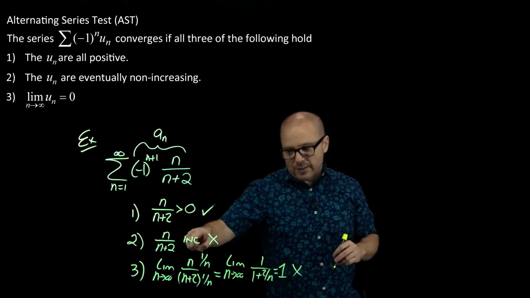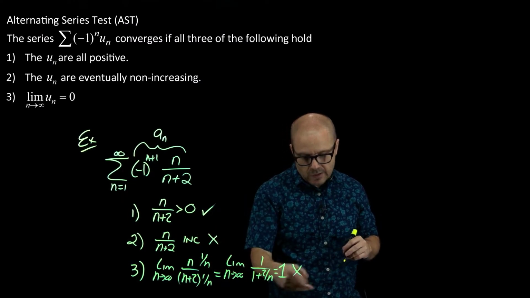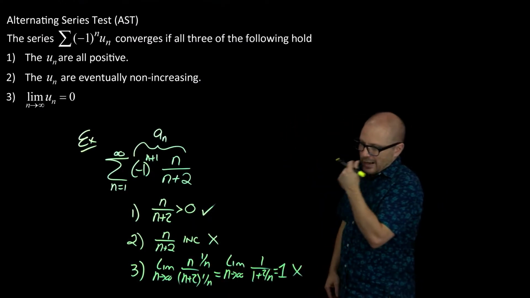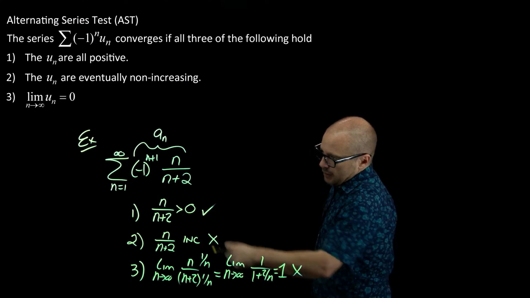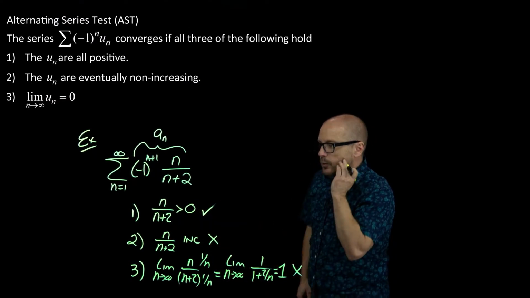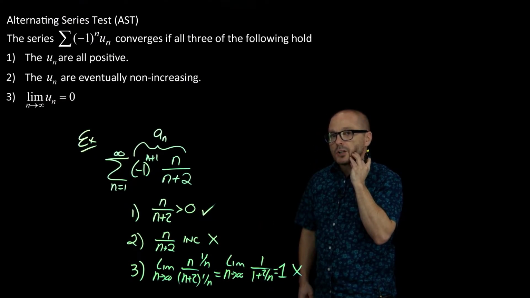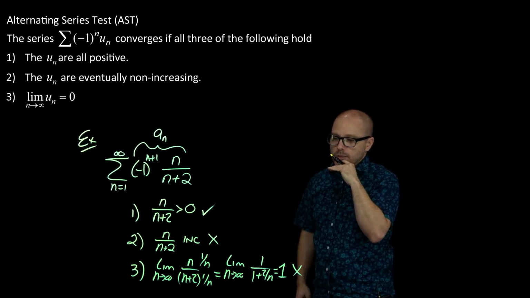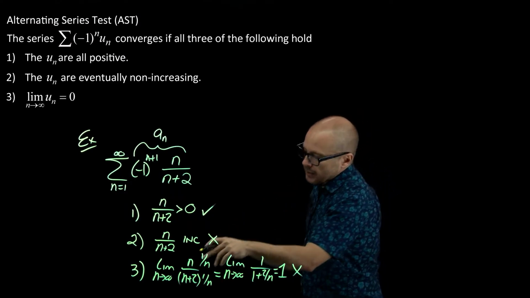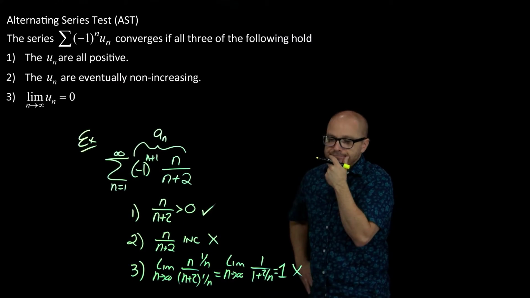We wanted non-increasing, failed. We wanted this to go to 0, failed. So what next? Well, if 1 or 2 fail, we might be able to use what's called AST, which we will get to shortly. But if 3 fails, let's think about this.